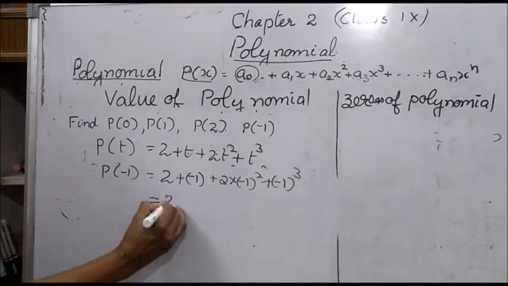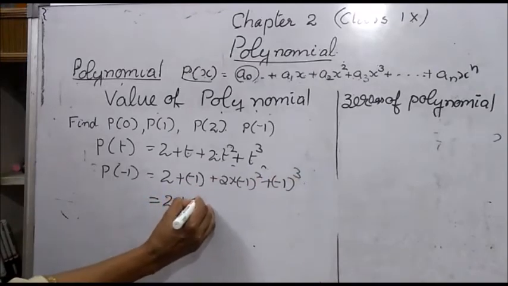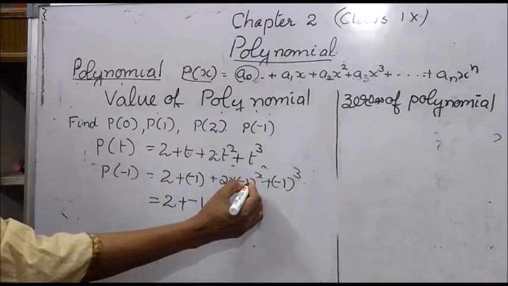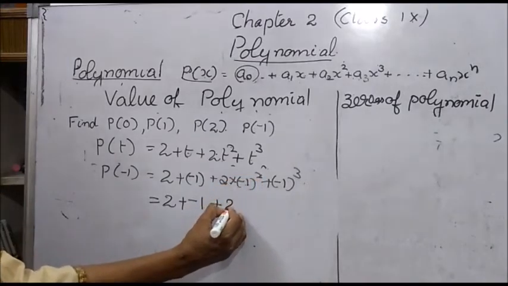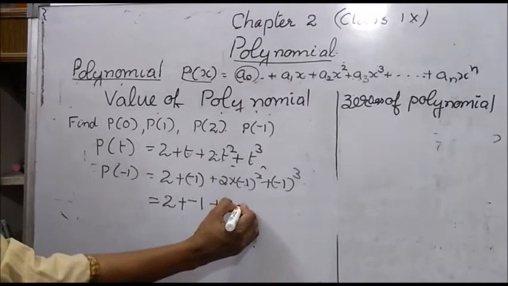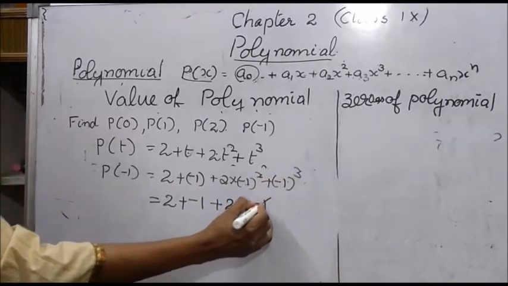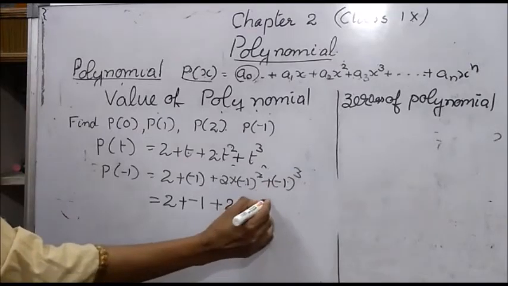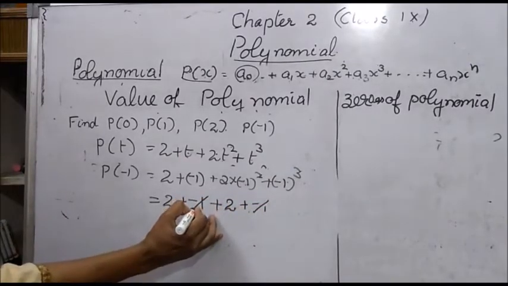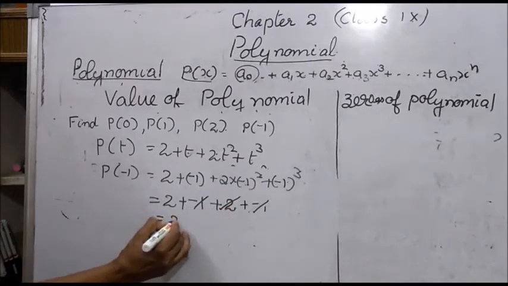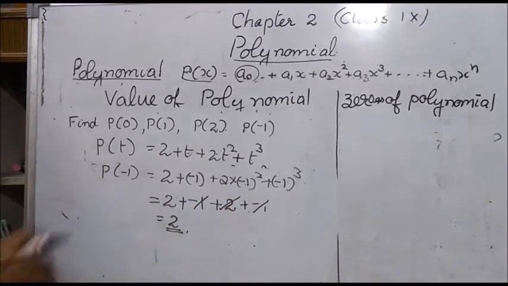That is equal to 2 plus minus 1 plus 2 into minus 1 square, that is plus 1. That is 2 into 1 is 2 plus minus 1 cube is minus 1. Minus 1, minus 1, minus 2 and plus 2 cancel. That is, answer is 0.